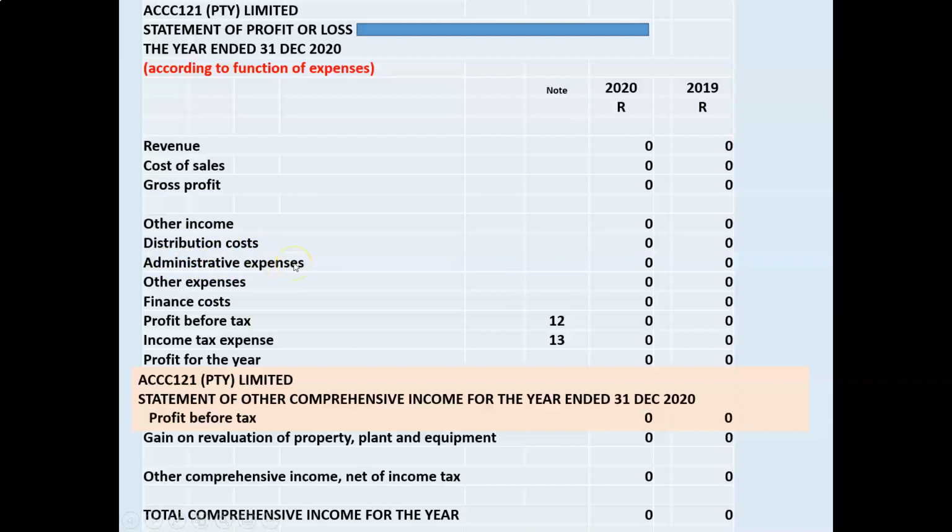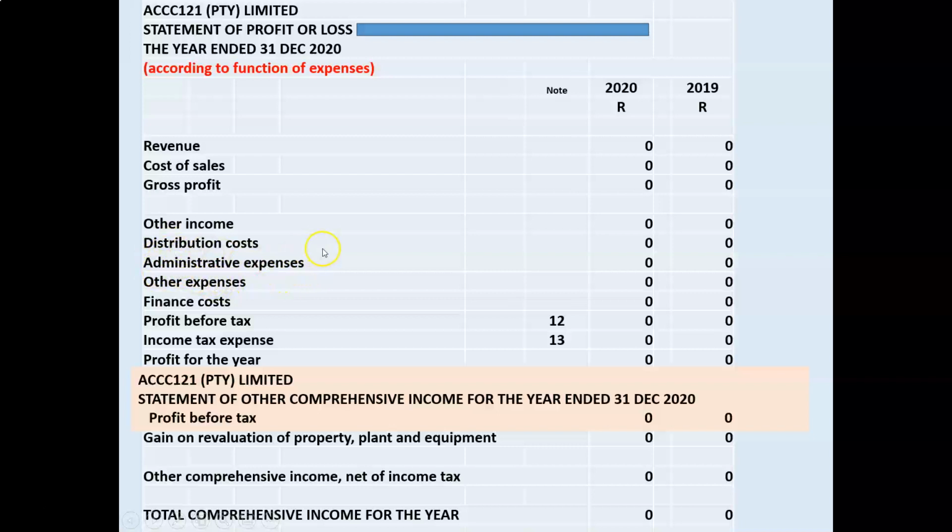Administrative expenses could be salaries paid to our admin personnel. It could be rent attributable to the portion of the building where they are actually sitting and performing their tasks. It could be things like the secretarial work performed by the company secretary, that is the administrative expense.